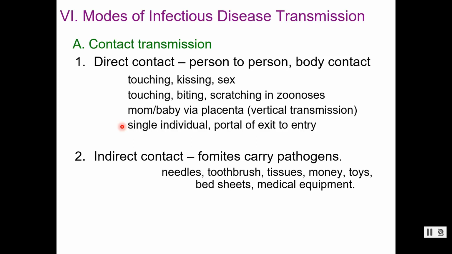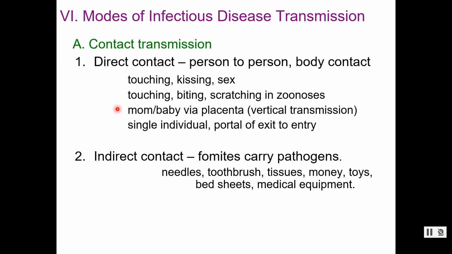And children tend to scratch, and so they scratch their anal regions, and the little bitty eggs get picked up under their fingernails. And then they pick up something, hands go into their mouth, and then they reinfect themselves and add more eggs into their gastrointestinal tract to grow into adult worms. This is also considered a direct contact transmission.